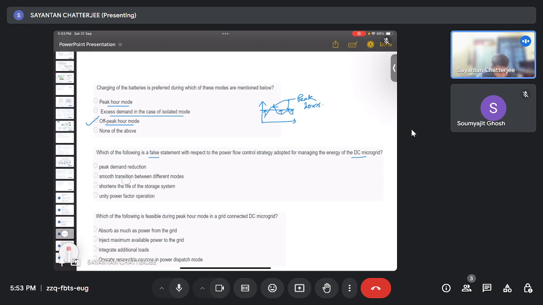Peak demand reduction, smooth transition between different modes, shortens the life of the storage system, unity power factor operation.